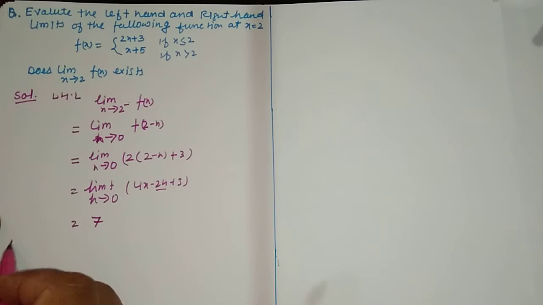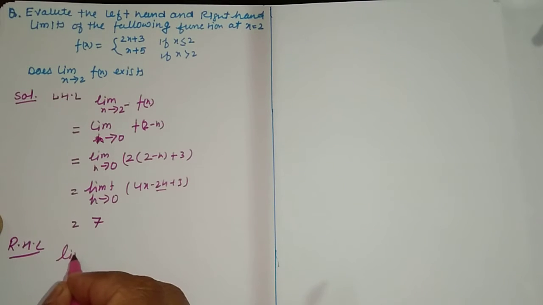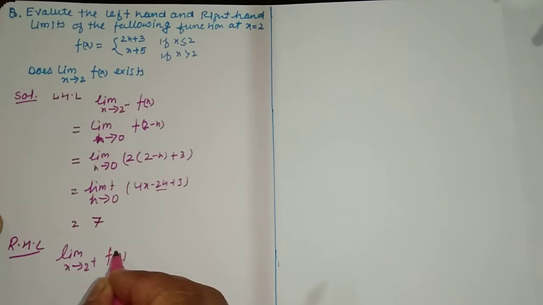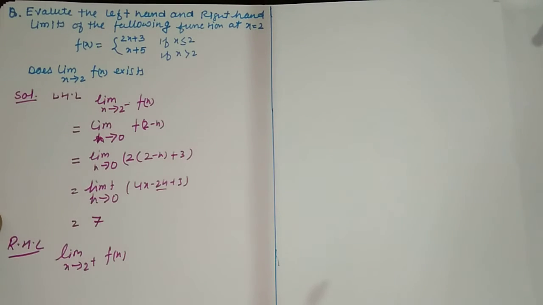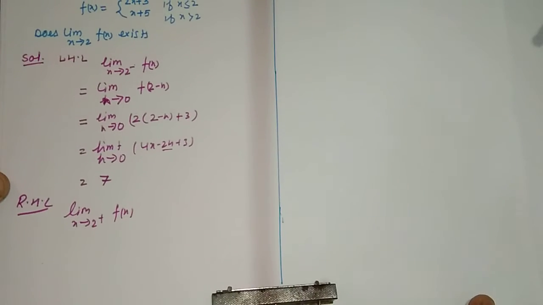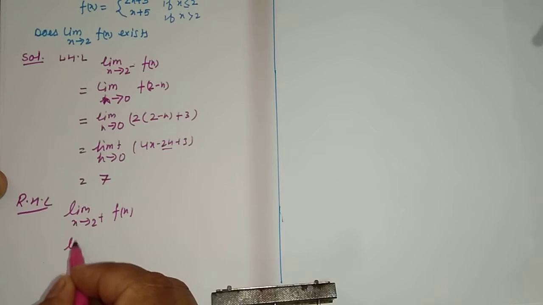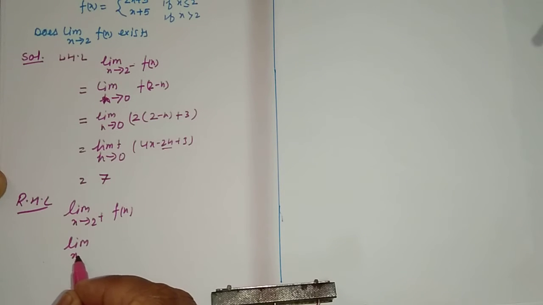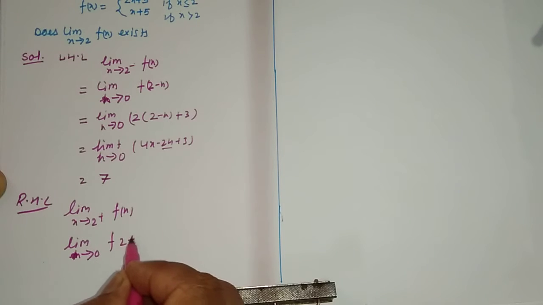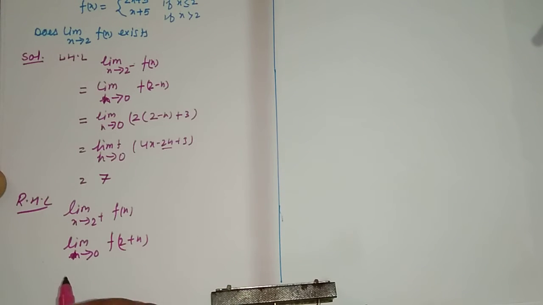Now RHL, right hand limit. In right hand limit we can write limit x tends to 2 plus f(x). Clear? And this can be written as limit h tends to 0, f(2 plus h). Okay, now select the function.